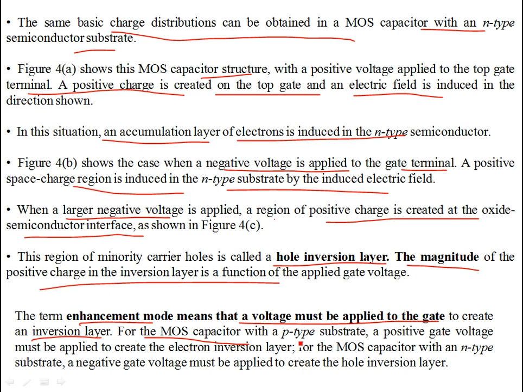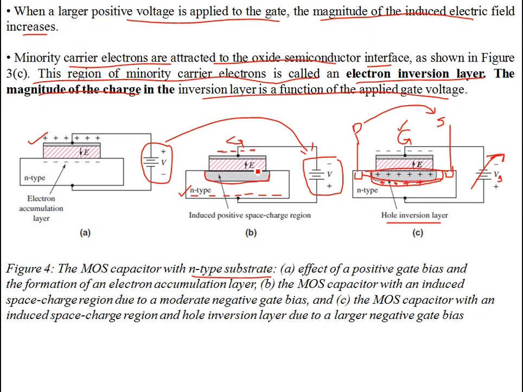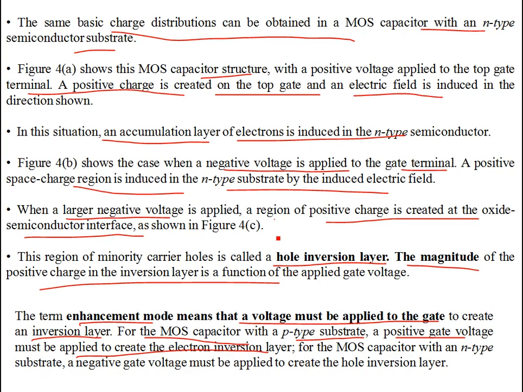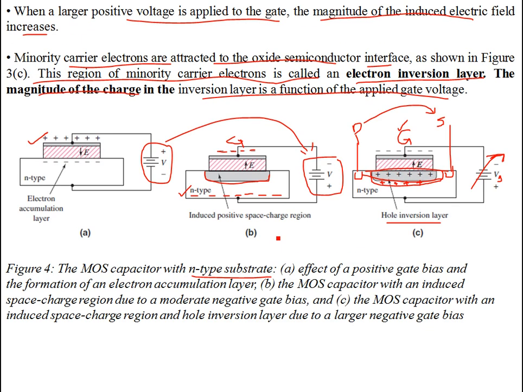For a MOS capacitor with a P-type substrate, a positive gate voltage must be applied to create the electron inversion layer. Conversely, as you've seen for the N-type, we are applying negative charges on the plate. For an N-type substrate, you have negative charges on the plate, and you have the positive hole carriers in the depletion or channel region, which are going to favor the flow of charges.